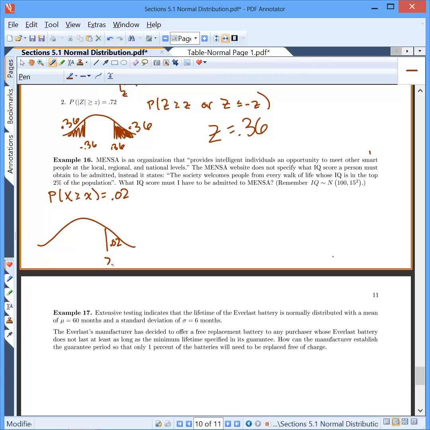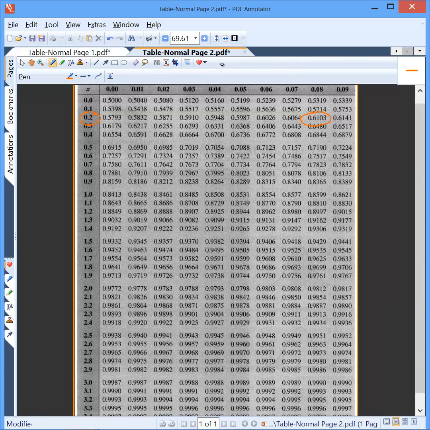First thing I need to do is find the z value. I know my probability is 0.02, and I'm looking for the z value. Now 0.02 is to the right, which means 0.98 is to the left. This will be on my second page of the standard normal table. I'm looking for 0.98. The closest I can come is 0.9803, which means my z value is 2.06.